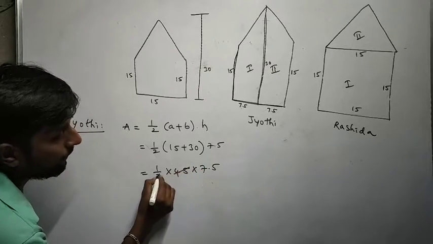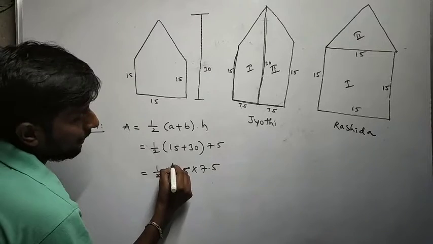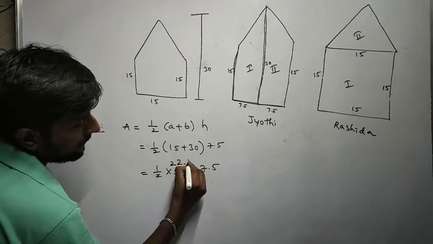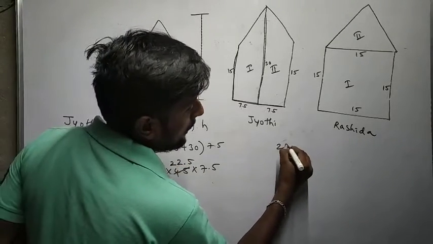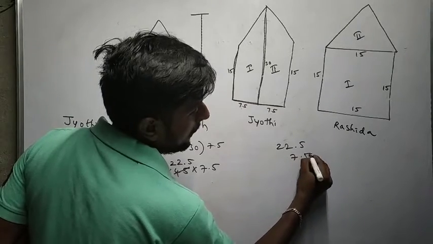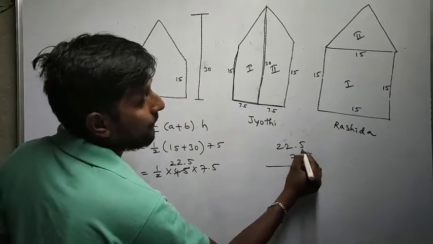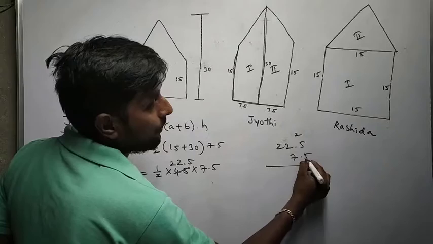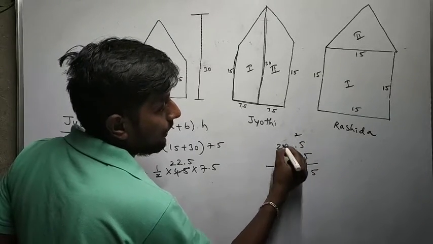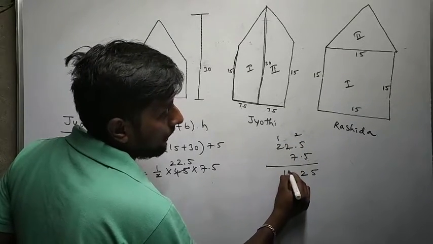If you divide 45 into half, how much? 22.5. So 22.5 into 7.5. First multiply. 5 5s are 25, 2 carry. 5 2s are 10 plus 2, 12. 1 carry. 10, 1, 11.